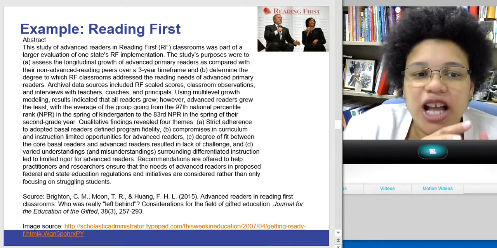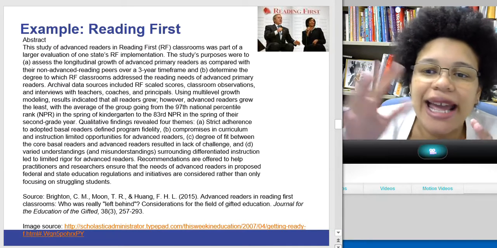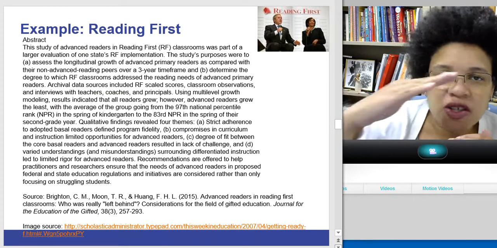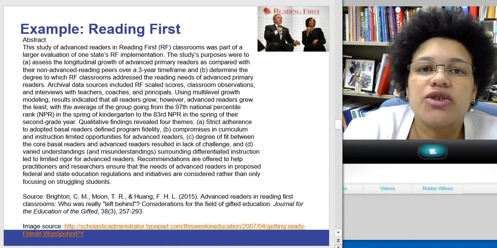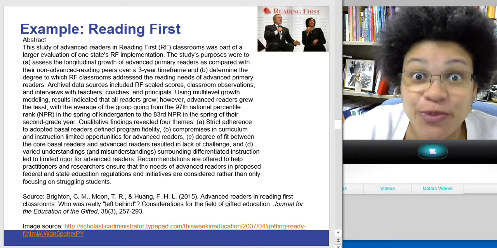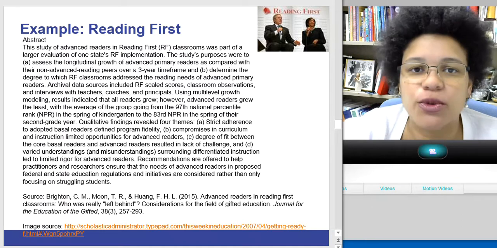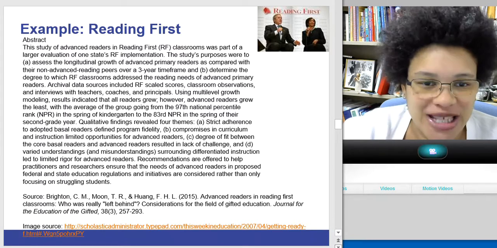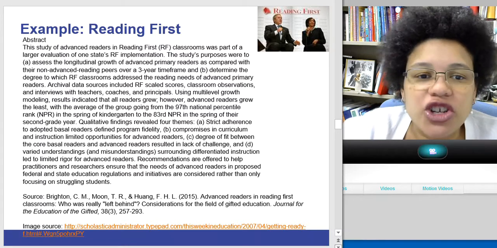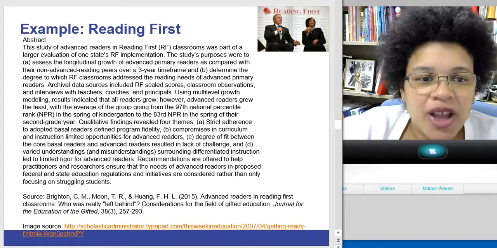But in order to understand why a particular growth curve looks a certain way, you need to get more into the classrooms, talk to the people who are in the classrooms, talk to the people who are making decisions about what's happening in the classroom. So they also interviewed teachers, coaches, these were literacy coaches, and principals.